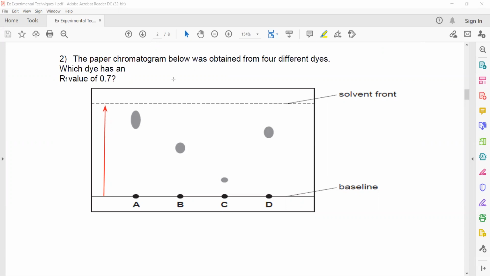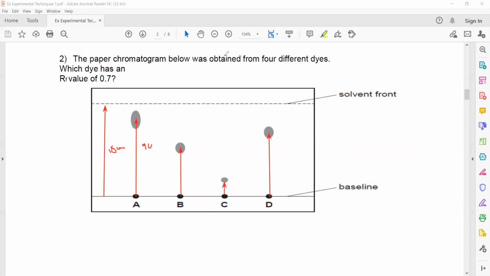As an example, it may vary according to your paper size, I'm taking the solvent front distance as 10 centimeter. When we measure the distance of the spot from the origin, for example, spot A is 9 centimeter, this is 0.5 centimeter, this is 2 centimeter, and this one is 7 centimeter.